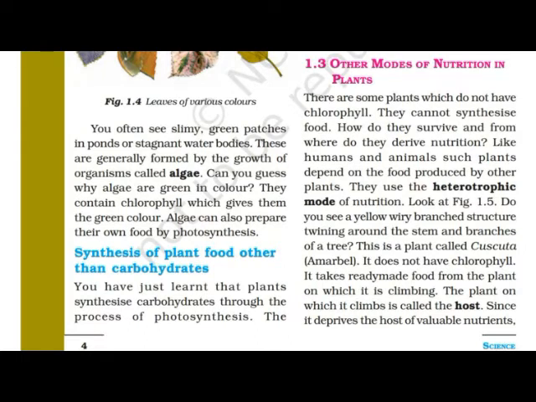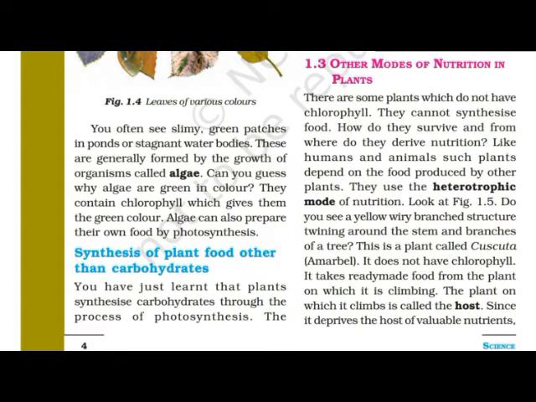They have given one figure of the cuscuta, that is amarbel, which is very interesting to look at. In the figure, you can see very clearly the yellow tubular structures twining around the stem and branches of a tree. This is the plant called cuscuta, that is the amarbel. You can see the green leaves, but along with that, yellow tubules.